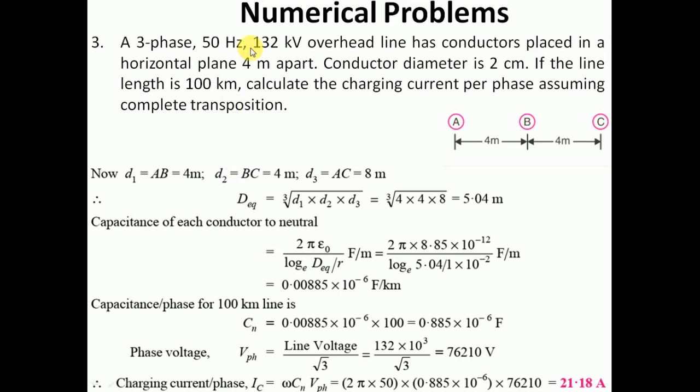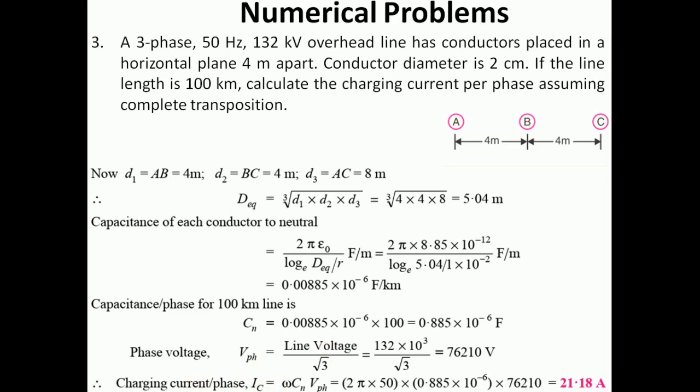Always in the problem, if it's not specifically mentioned that the voltage value given is phase voltage, by default you have to consider it as line voltage. Then you will be able to find the value of phase voltage from this by dividing it with root 3. So once after determining the value of V phase, CA, and knowing the value of omega, you can easily calculate the value of charging current.